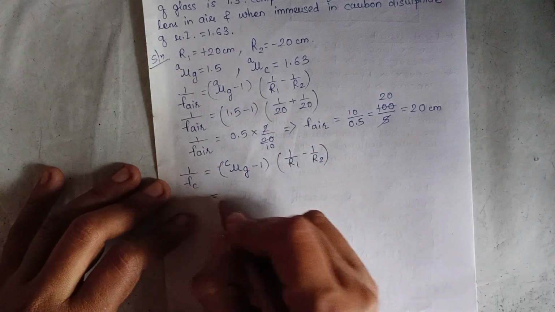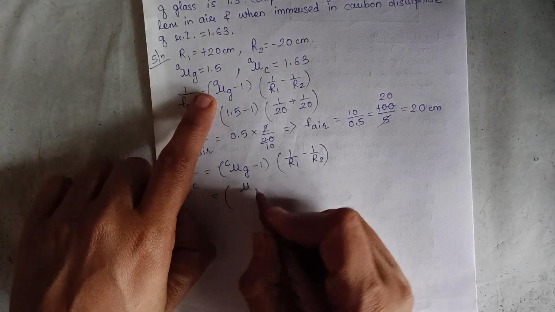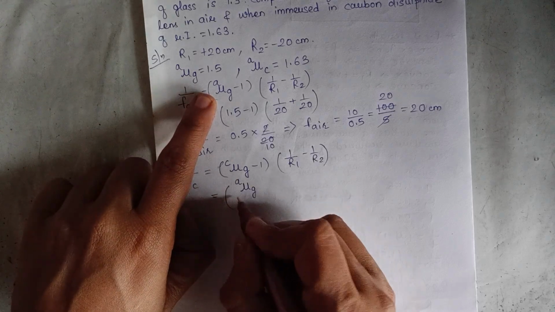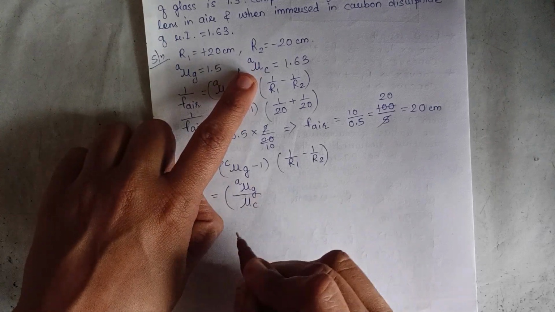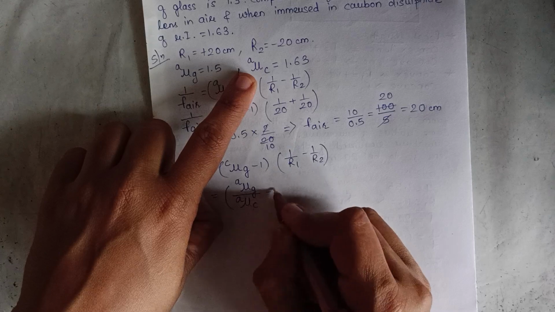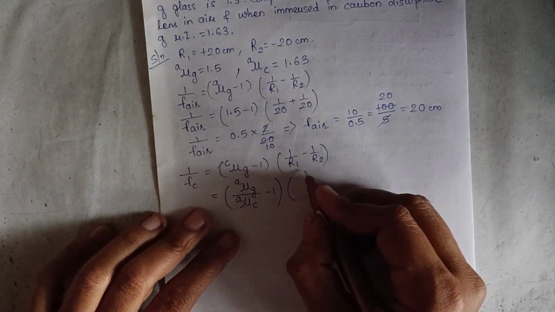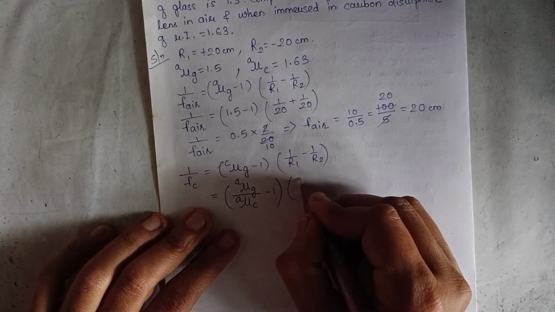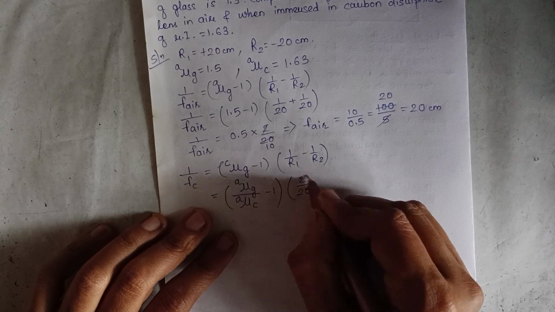This we have to compute by using the refractive index of glass with respect to air upon the refractive index of carbon disulfide with respect to air. This is again 2 upon 20.